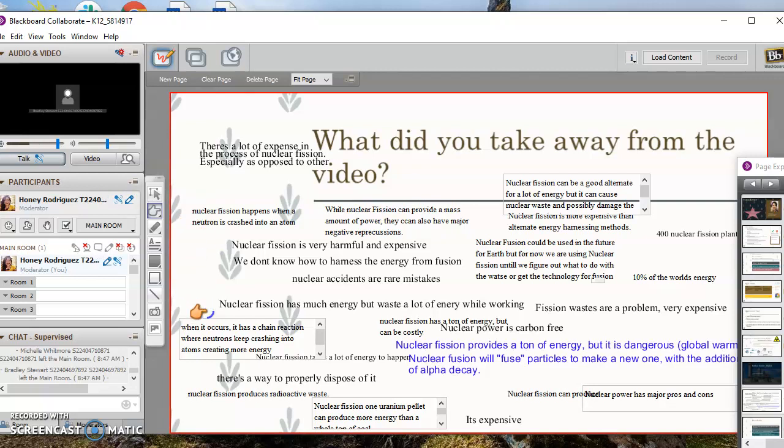Nuclear fission has a lot of energy, but it also wastes a lot. Nuclear fission wastes are a problem, and they're very expensive. It's a good alternative for providing energy that doesn't emit greenhouse gases.